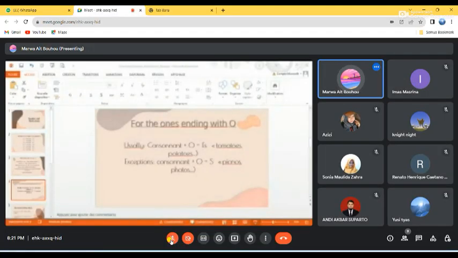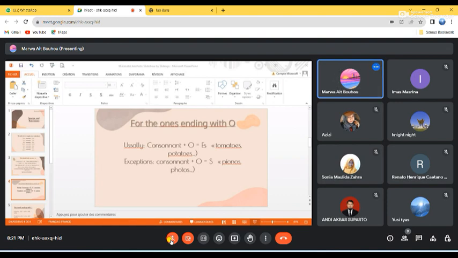We're talking about the nouns that end with the letter O. We usually have words that end with a consonant plus the letter O. We just simply add ES without changing anything. For example, here in tomato, we see that it ends with the consonant T plus O, and then we add ES when we want to pluralize it.